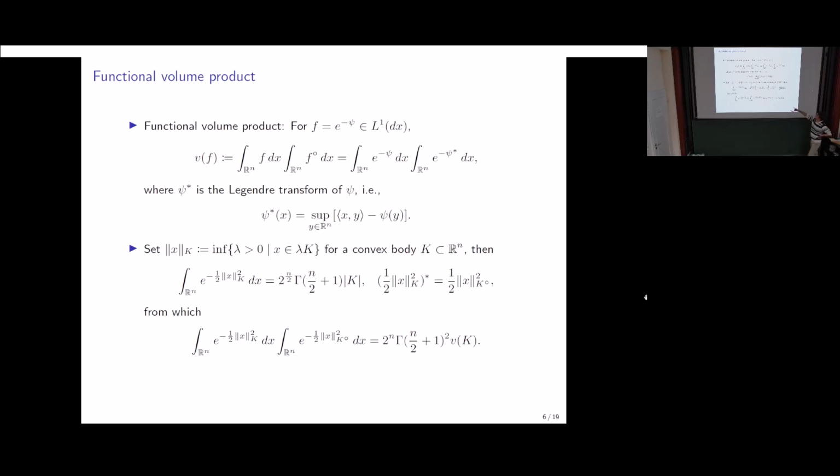For example, if you take the gauge function of K and consider these functions, you can calculate completely and obtain the volume product of K. Therefore, we can consider the functional volume product as a generalization of the volume product for sets.